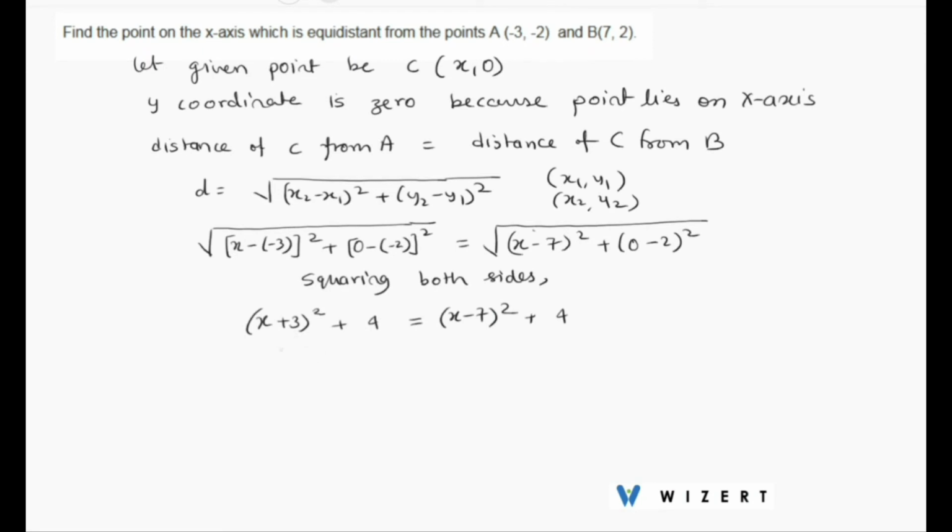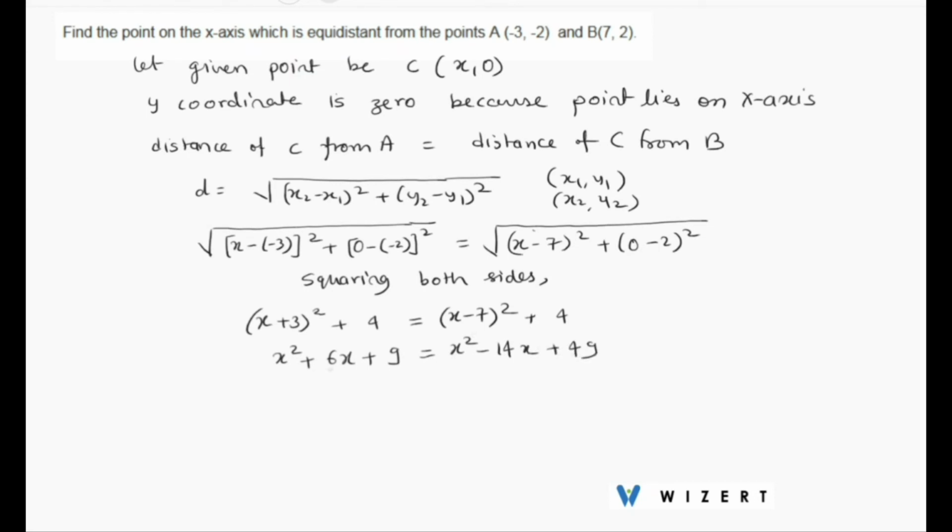So we are left with (x plus 3) whole square: x square plus 2ab, that is 2 into 3 into x, that is 6x, plus 3 square which is 9, equal to x square minus 2 into x into 7, that is minus 14x plus 49.